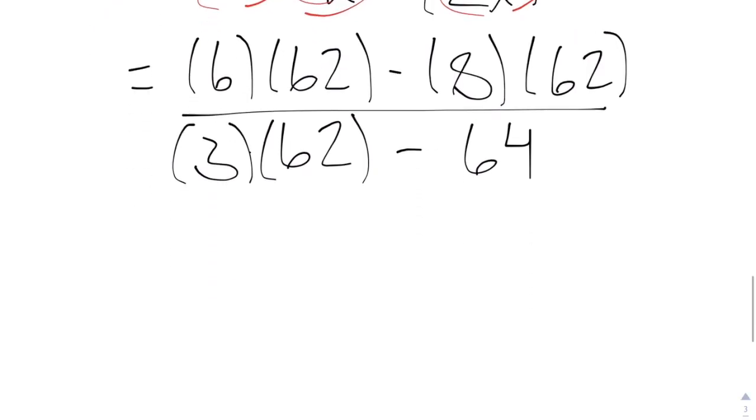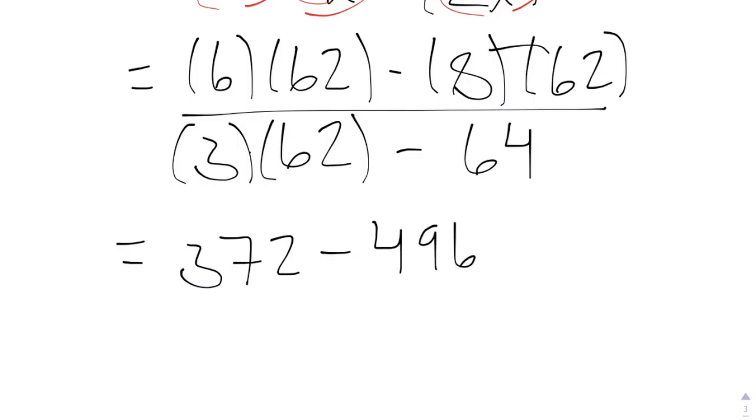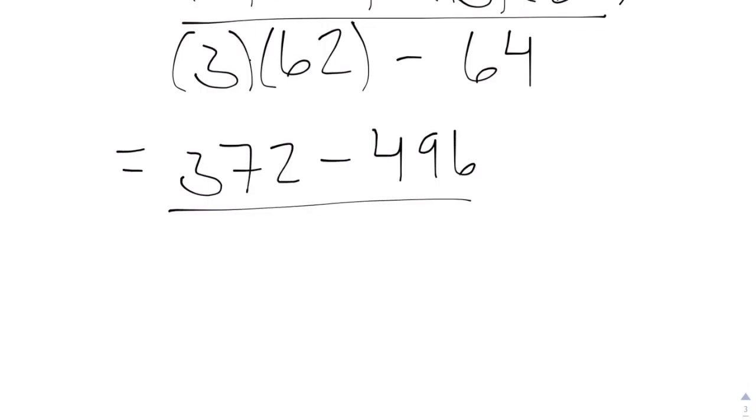Alright, let's go ahead and just multiply and subtract. 6 times 62 is 372, minus 8 times 62 is 496, all over 3 times 62 is 186, minus 64.